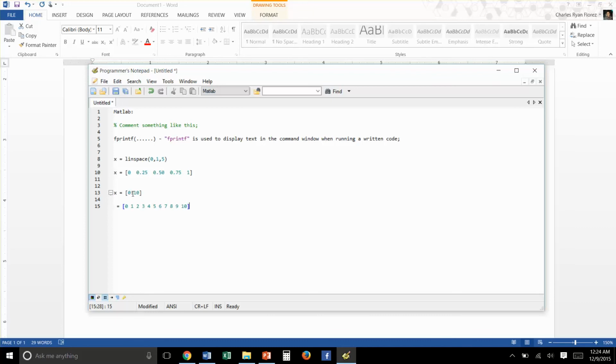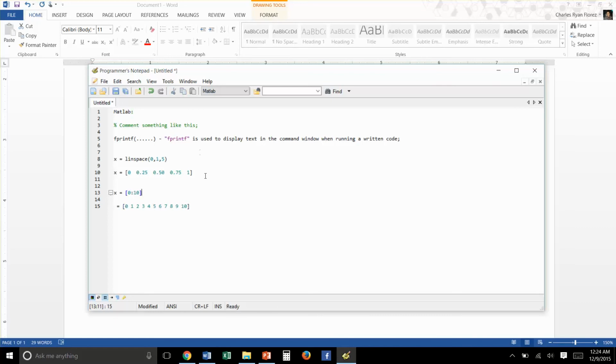So what this colon operator does is it gives you integers between 0 and 10, and it puts them in a matrix. So you end up with all these terms in this matrix, and that's essentially all the colon operator does.